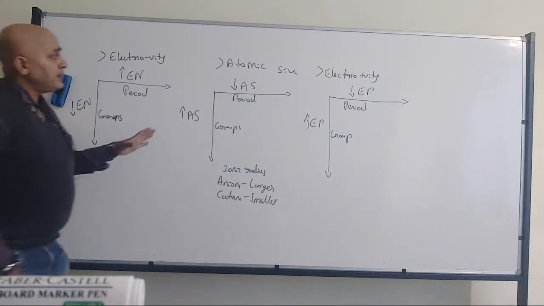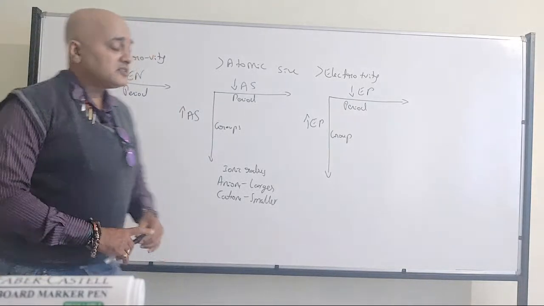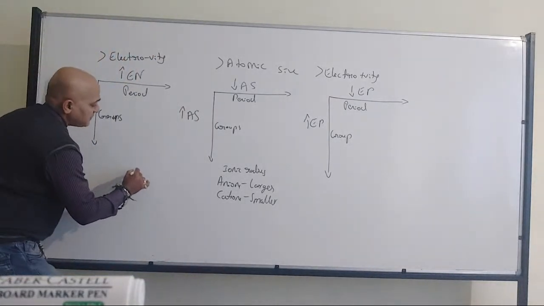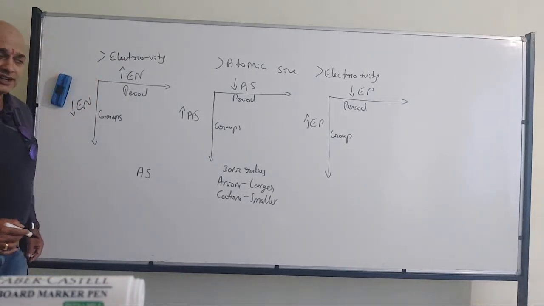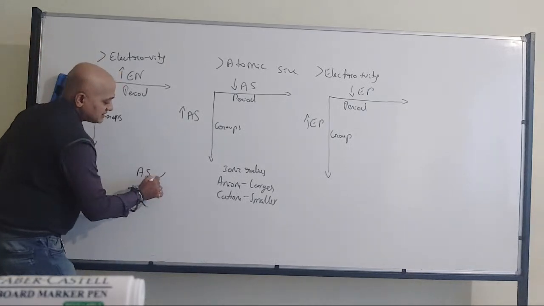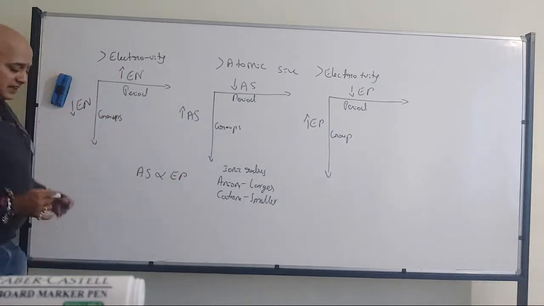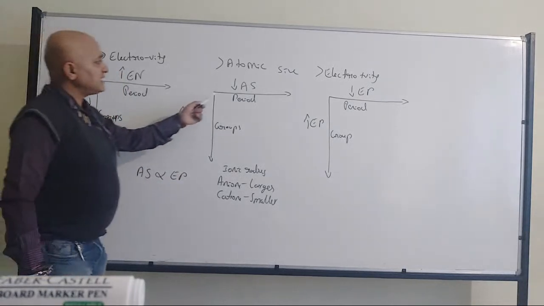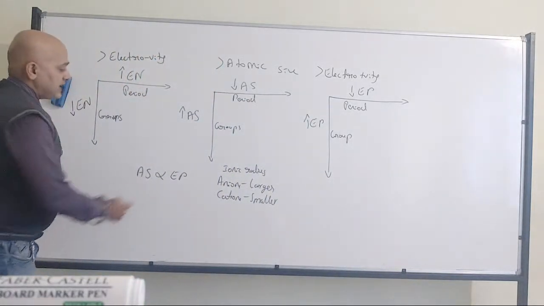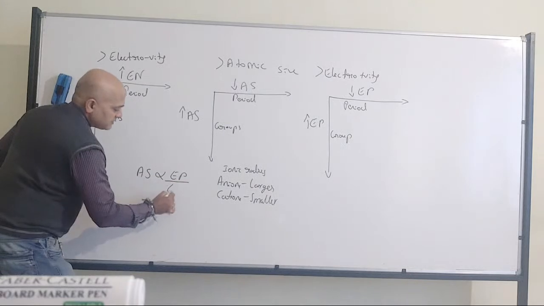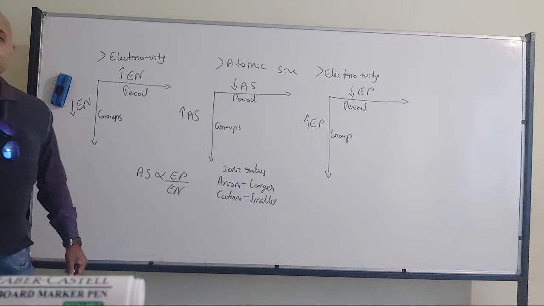Right? Now, based on that, I will consider 3 points here. I can tell that atomic size or atomic radius, whatever it is, is directly proportional to electropositivity, because as there is a decrease in the atomic size, even electropositivity is getting decreased. So directly proportional to electropositivity and inversely proportional to electronegativity.